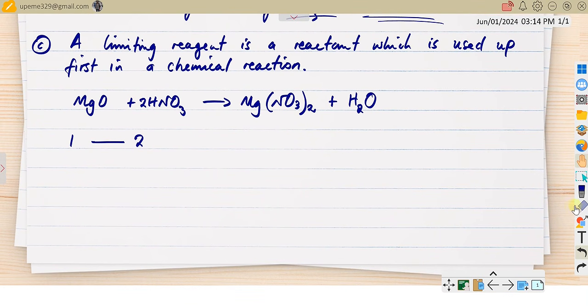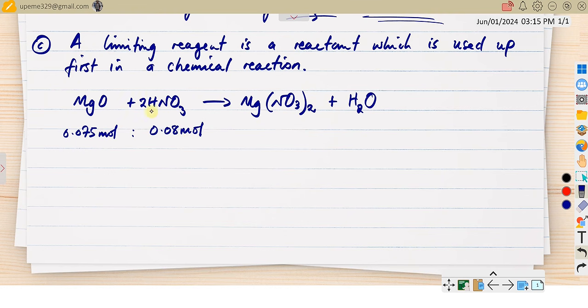It means that in this chemical reaction we were provided with 0.75 moles of this magnesium oxide, and also here we were provided with 0.08 moles of nitric acid.